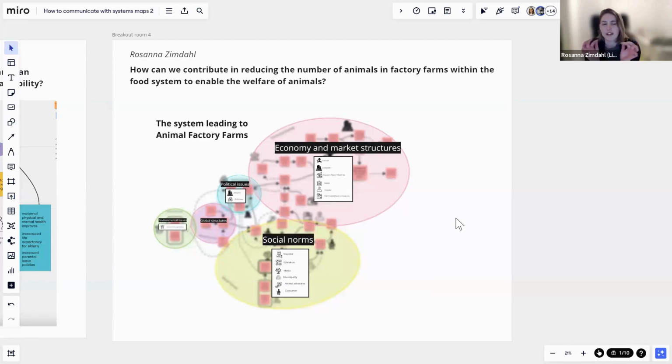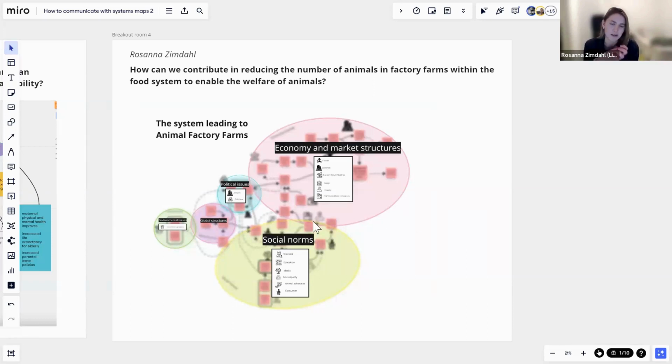So we started looking at the structure of a farm that creates intensive factory farms, from the farmer's perspective, and then we built it out to include other aspects.